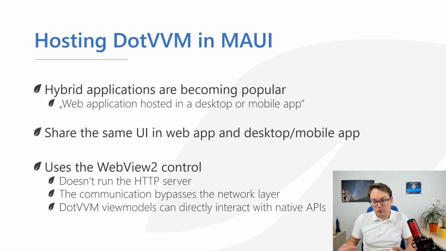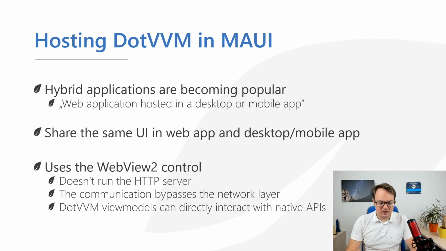And also, we want it to be able to communicate with the DotVVM app. So basically, we are using the WebView2 control on Windows and WebView on other platforms as well. And we have made an integration, so there is no HTTP communication at all. Basically, we will exchange data between WebView and the MAUI process in memory using some communication channels.